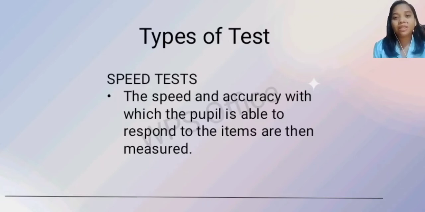The speed test is an accuracy test with which the pupil's ability to respond to the items is measured, or the primary objective of a speed test is to measure the person's ability to process information quickly and accurately while under pressure. For example, the clinical accuracy test.